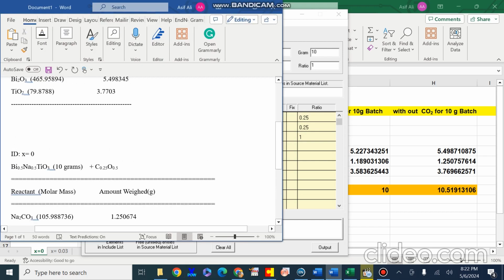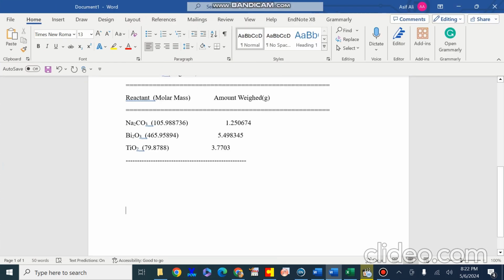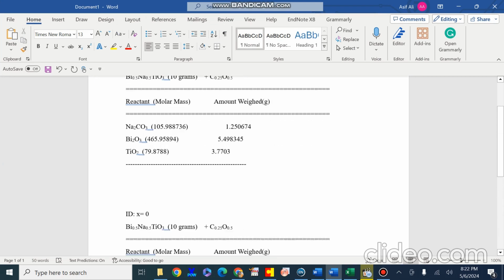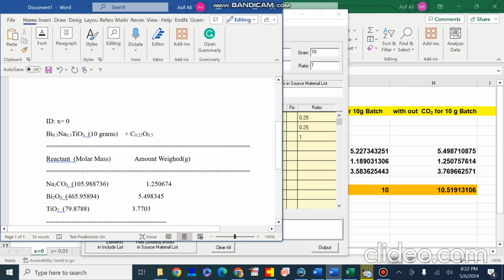So this is basically the batch that is calculated with the help of this software. Now we can compare this batch with the batch that we have already calculated with the help of the balanced chemical equation in the Excel sheet.